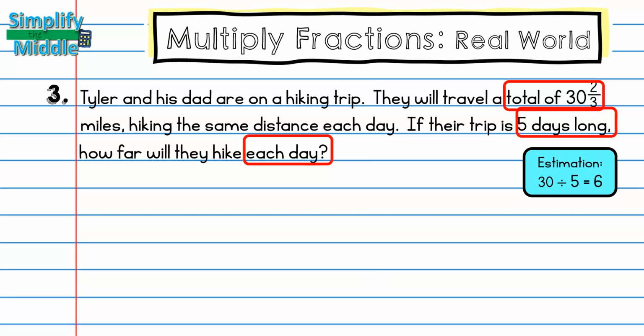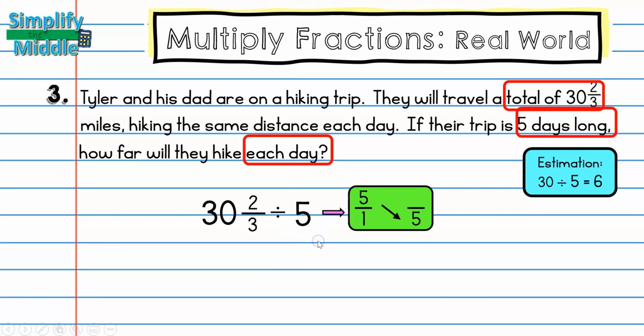For this one, I'm going to use estimation. So I have 30 divided by 5 is 6. Here you could choose to use a picture or a number line, but I'm going to jump right into my algorithm. So I have 30 2/3 divided by 5. 30 2/3 is going to give me 92/3. And 5, written as a reciprocal, is going to give me 1/5.